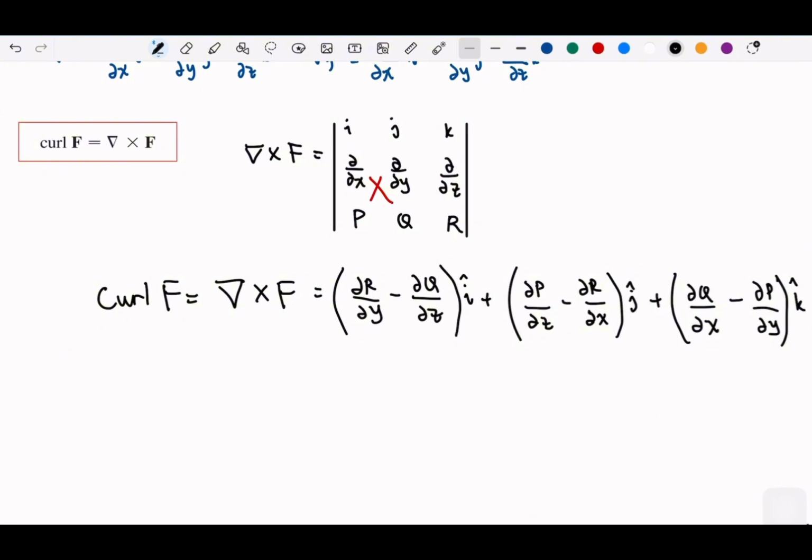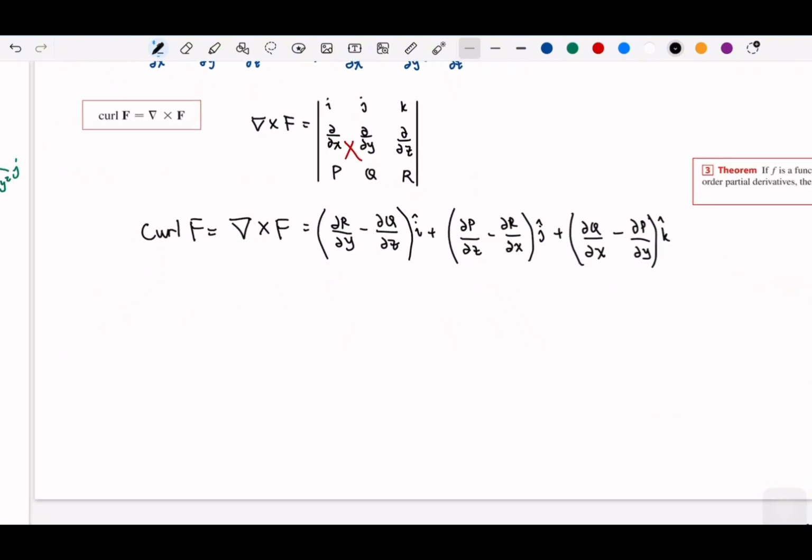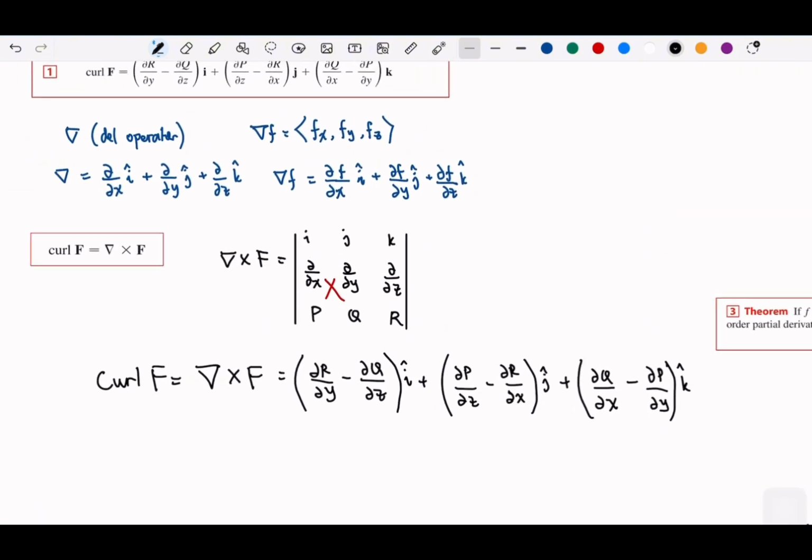For now, let's just take the other definition. So this is curl F, which is the construction of the del operator cross product with F, or a vector field.